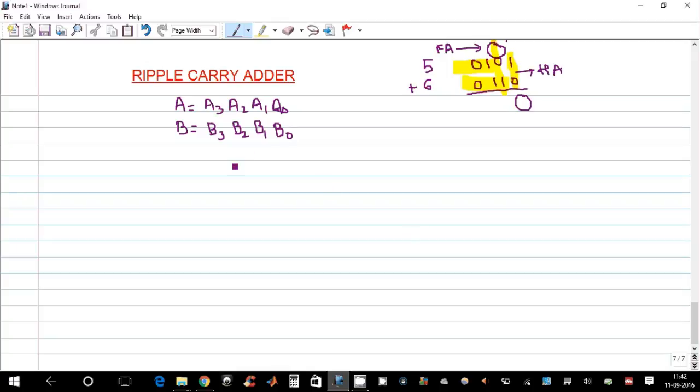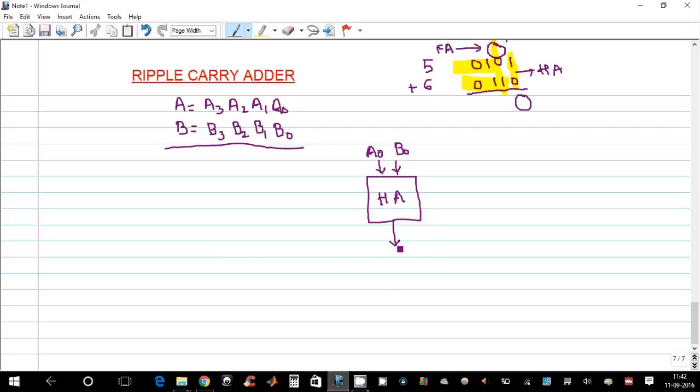So now we need to add these 2 inputs, A and B. For adding A0 with B0, which does not require any carry input, we can employ a half adder here that requires the inputs A0, B0.